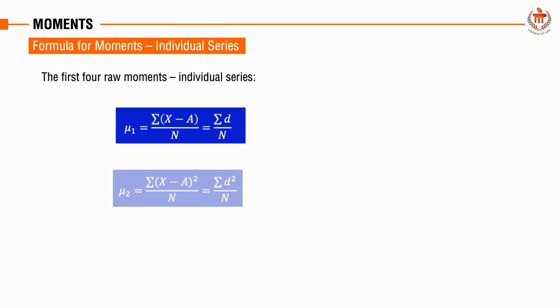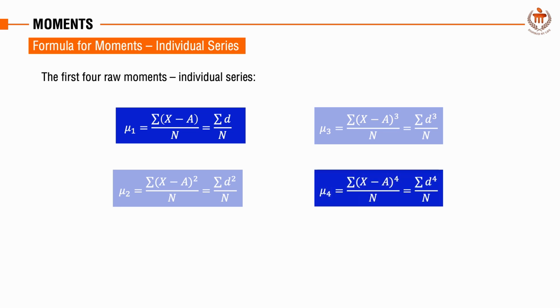The difference between mu1 and mu2 is that in mu1 we just took the sum of x minus a, while in mu2 we took the square. In mu3, we did the cube summation, while in mu4, we took the fourth power of x minus a.